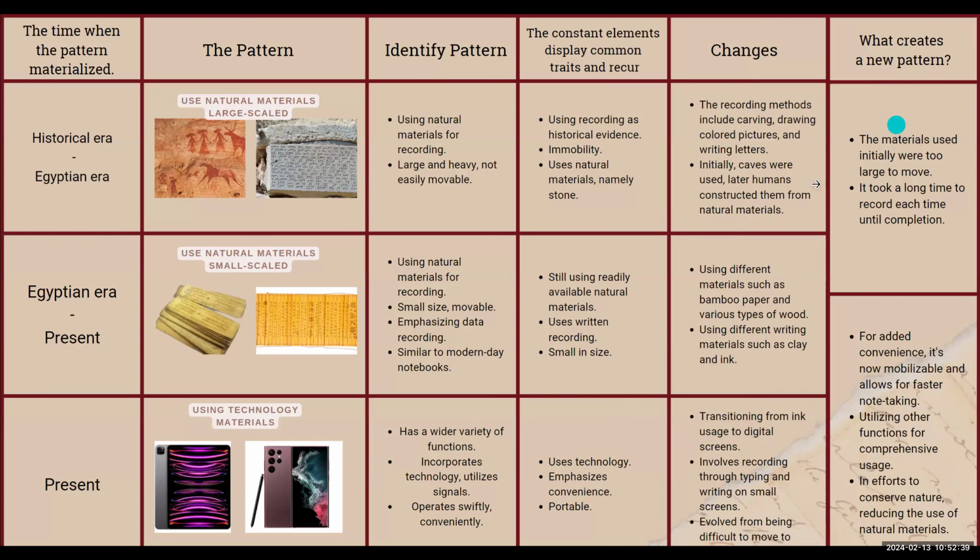What changed in the pattern? The first was large and hard to move, and it took a long time to record. The next one, the small scale, uses different material that is easier to record with, and it is now movable. And what changed to the next one?